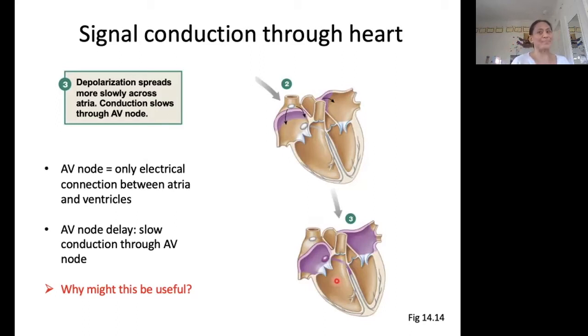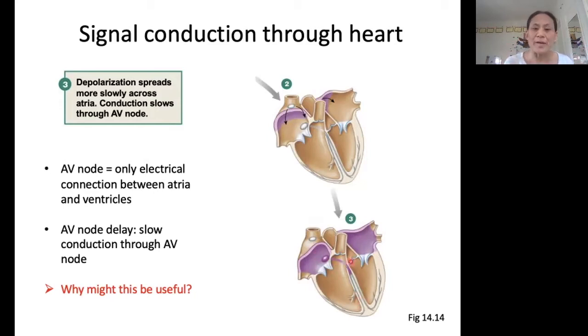Okay, so I don't know how many of you came up with this, but basically having an AV node delay is very useful because that allows the atria to contract before the ventricles contract. Okay, so what you're going to do is you're going to depolarize the atria, they're going to contract, you're going to get this delay, and then you're going to depolarize the ventricles and they will contract.